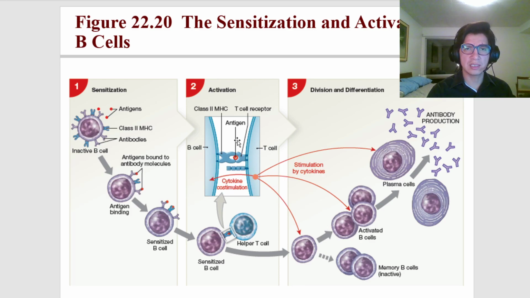So there is agreement between the helper T cell and the B cell, and this leads to the formation of memory cells and also the rapid cloning and expansion of this particular B cell that we know recognizes this antigen because that's how it was stimulated to begin with.